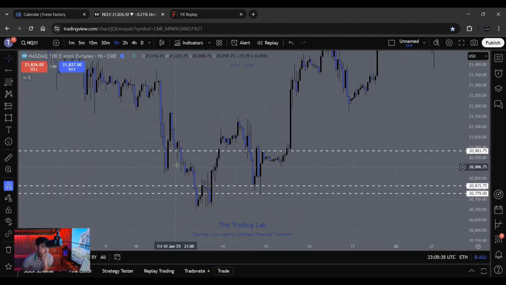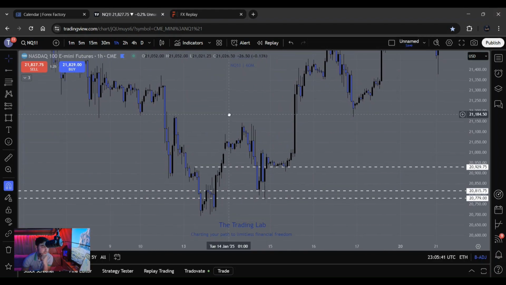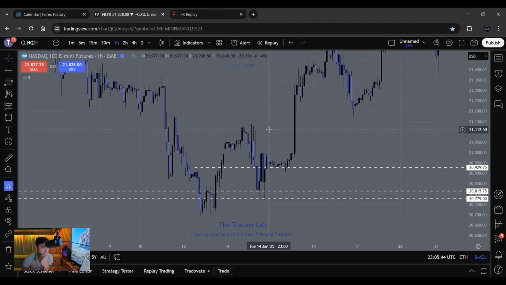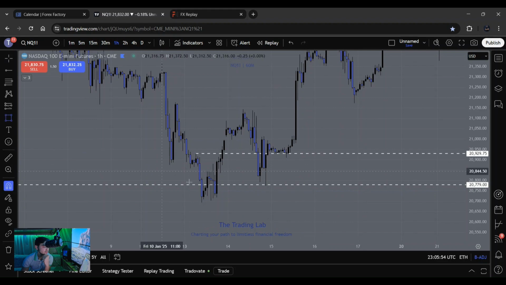Oh, these highs. What else does it come for after sweeping those highs? Guess where we end up? Pulling into this fair value gap.